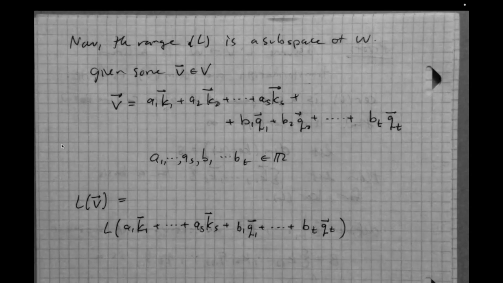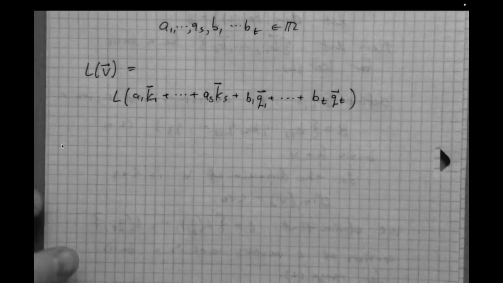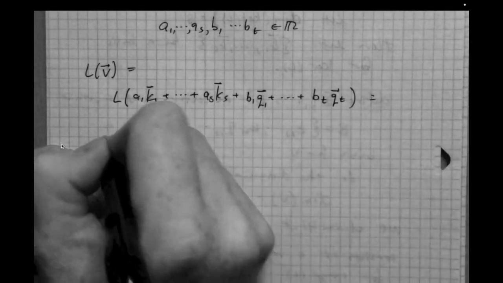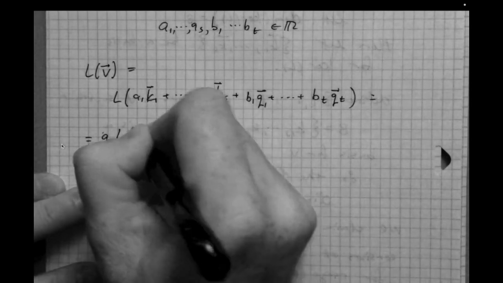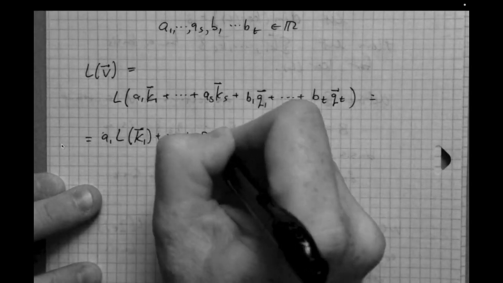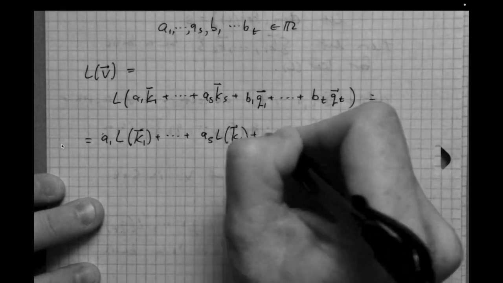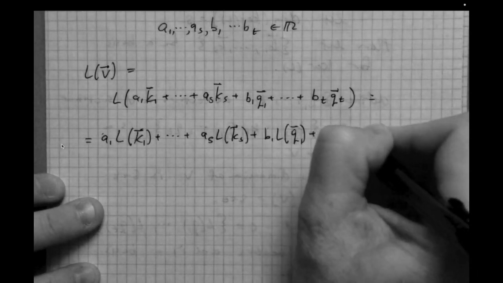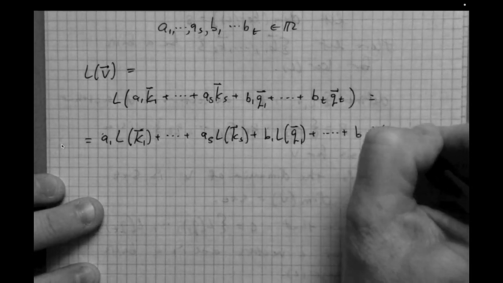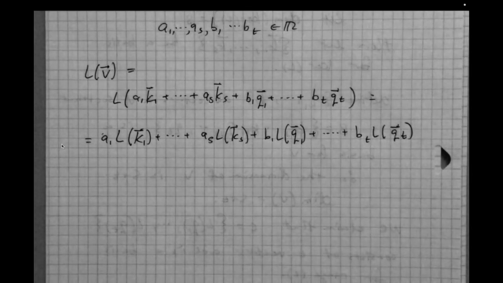And we know that if we apply a linear transformation to a linear combination, we can break it up. We can rewrite this as A1 times L of K1 plus ... AS times L of KS plus B1 times L of Q1 plus ... plus BT times L of QT. That's no problem.